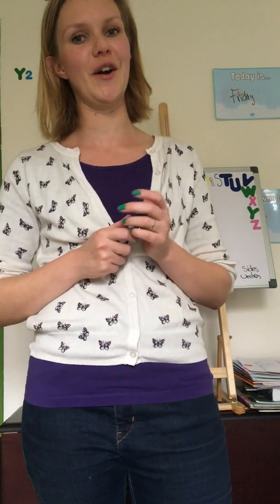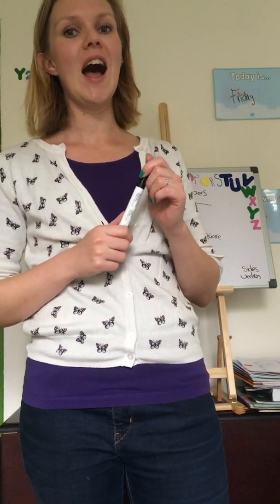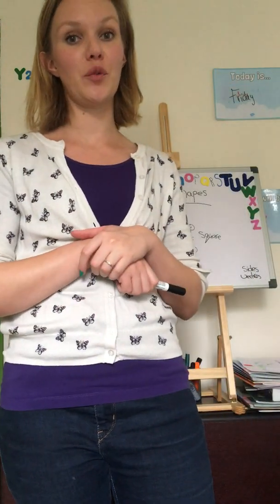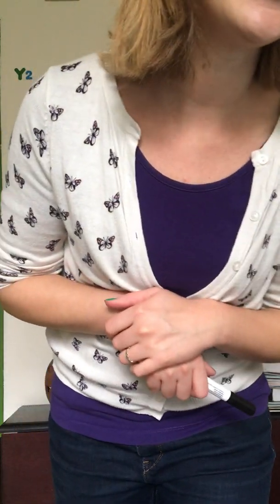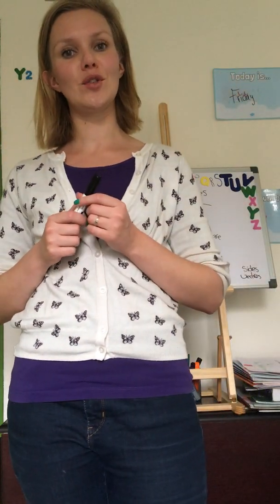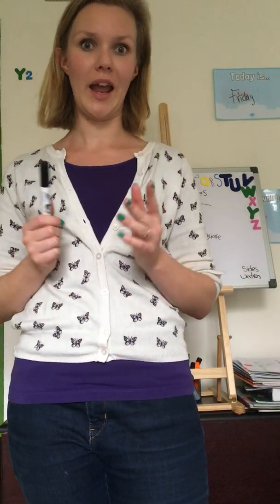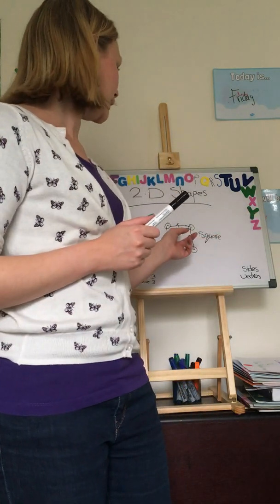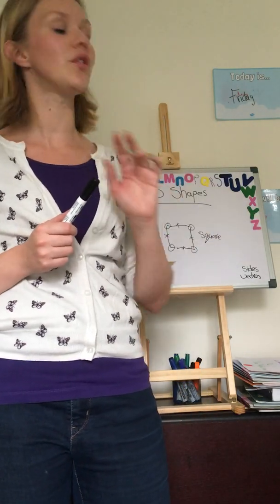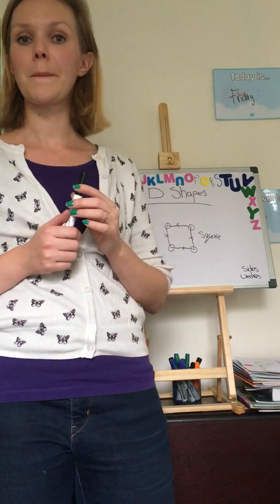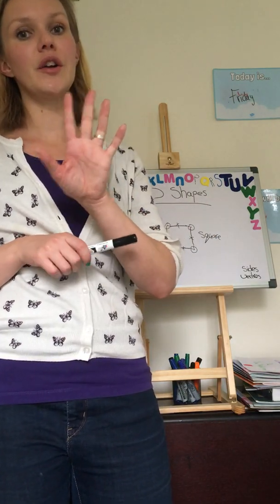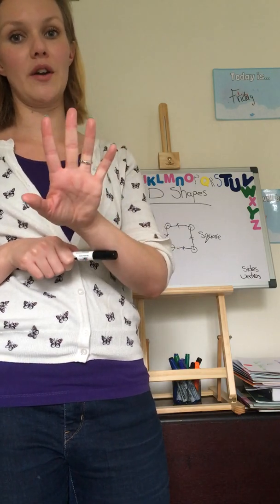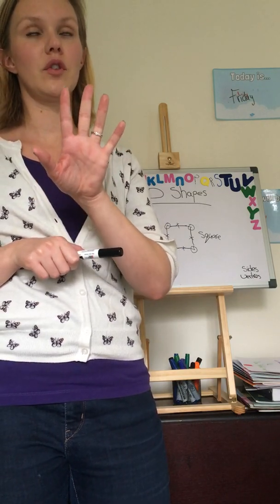The next one. It's getting harder now, yeah? So be prepared. I have 5 corners. I have 5 straight sides. And all my sides are the same length. So it has kind of the same instructions as the square, only it has 5 corners and 5 sides.